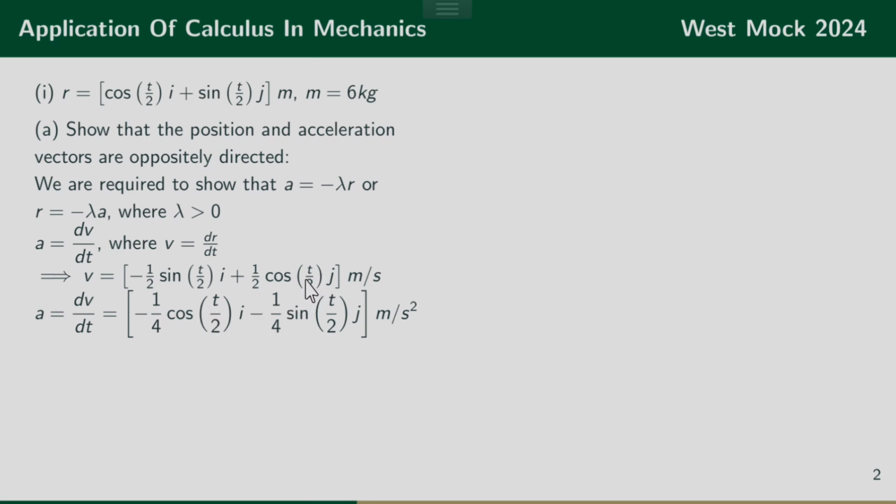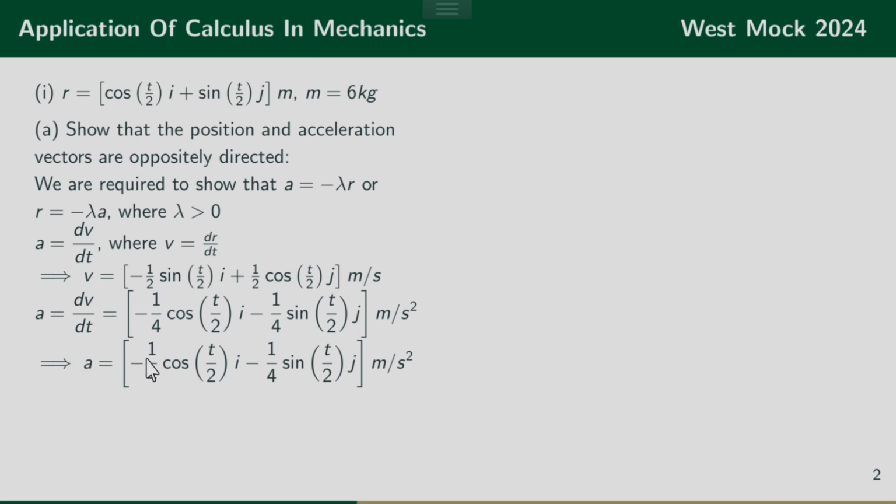And doing the same thing here, differentiating t/2 is half, differentiating cos is negative sine. So half times negative half is negative 1/4 sin(t/2) j meters per second squared. This is the acceleration vector.